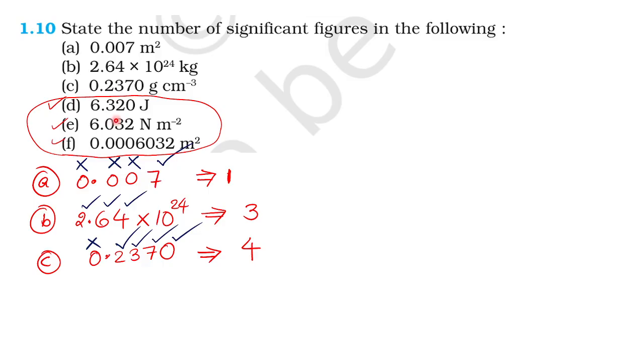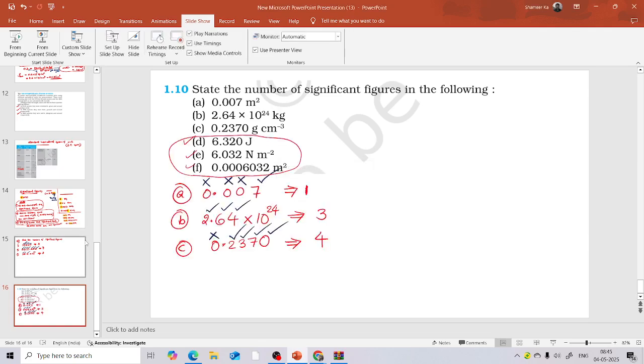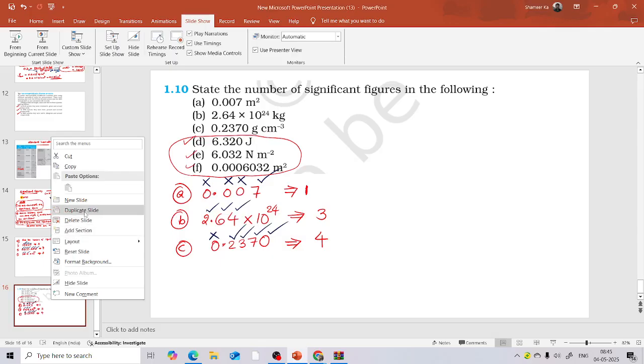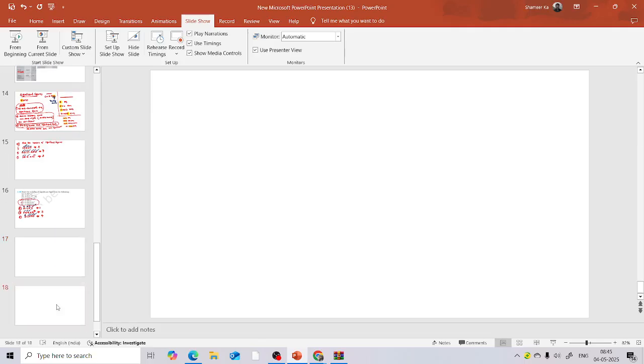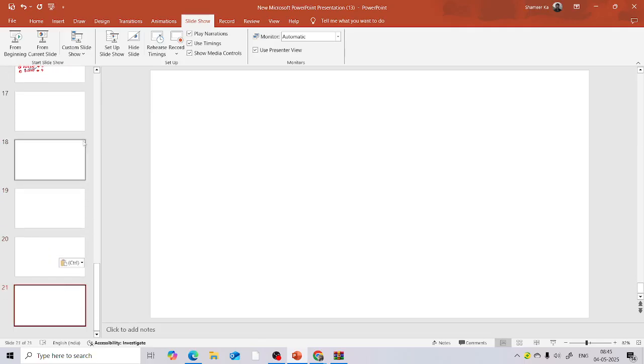And there are certain rules. When you do multiplication or division, there are certain rules we have to use. In questions, they will say, find the density or volume up to correct significant figures. They will add that condition. So if you don't understand significant figures, you will not be able to answer it.